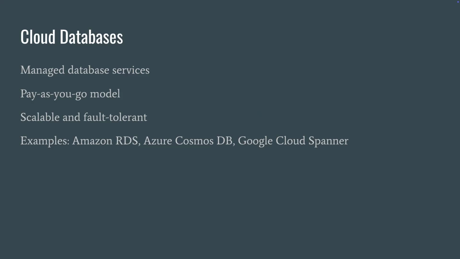You can basically spin up a database instance with just a few clicks or via an API call and scale it up or out as your data or traffic grows, which is not possible if you're using an on-premise database.